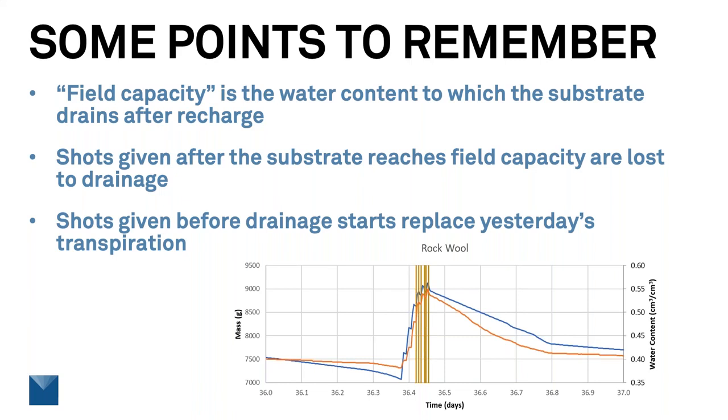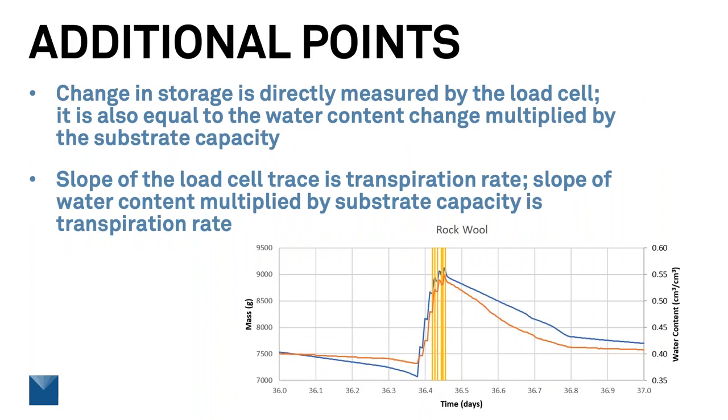Now here are some additional points to remember. The change in storage term in the water budget equation is directly measured by the load cell. But we could also estimate it by knowing the change in water content that the Terros 12 tells us and the water capacity of the substrate.